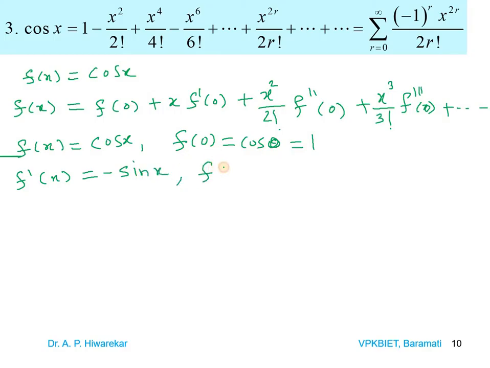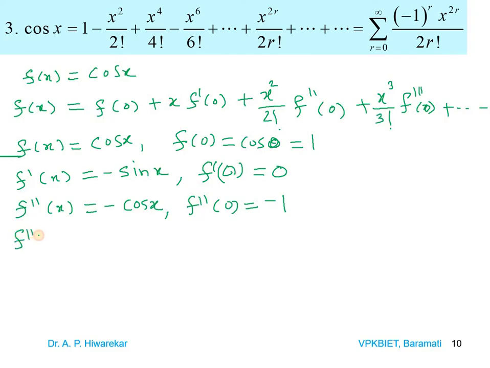And what is f dash of 0? Sin of 0 we know is 0. What about f double dash of x? That is the derivative of minus sin x, which is minus cos x. So f double dash at 0 will be minus 1.